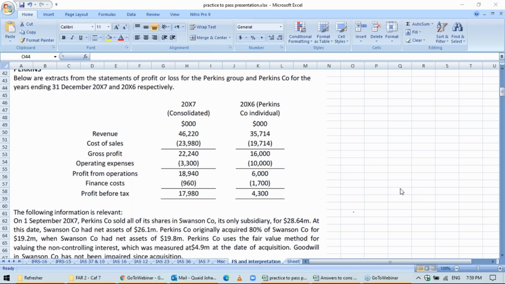Okay, so let's start with this question Perkins, and let me tell you a few things. When we acquire a subsidiary company, what happens when a subsidiary company is acquired?